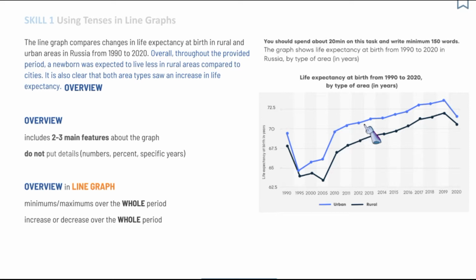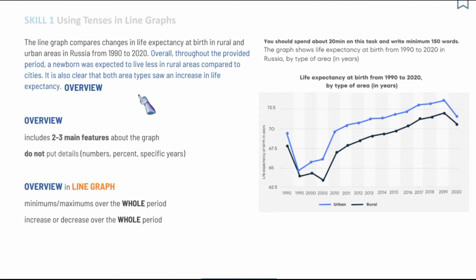So this is what I mean when I talk about minimums and maximums. And this information goes to the first sentence of the overview. Overall, throughout the provided period, a newborn was expected to live less in rural areas compared to cities. Okay, this is the first sentence of the overview.